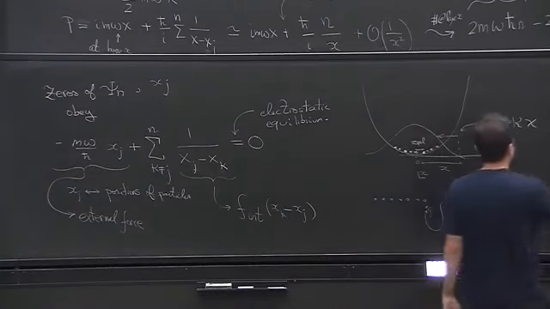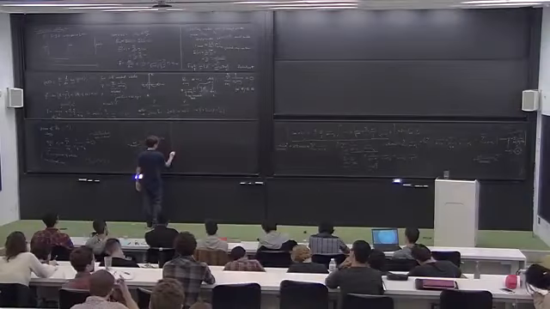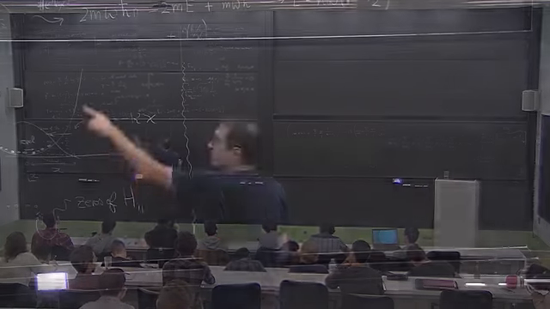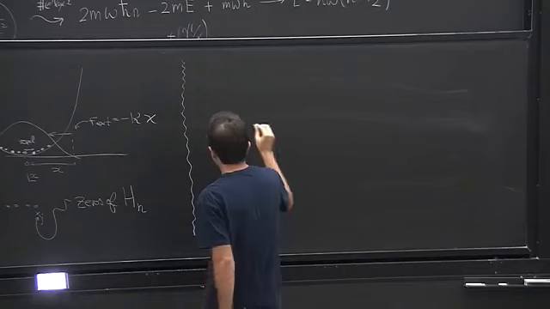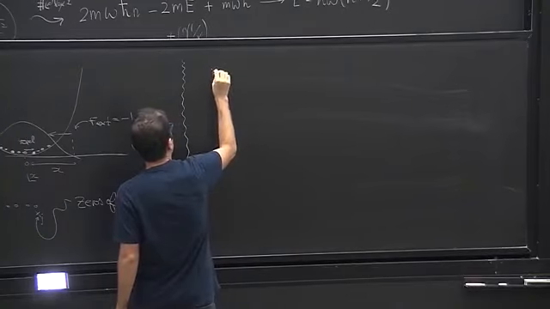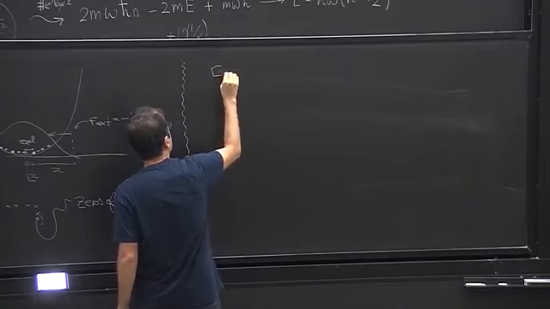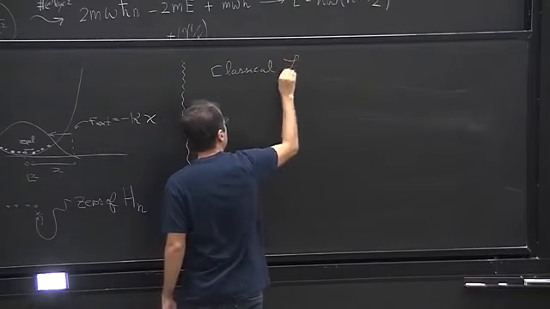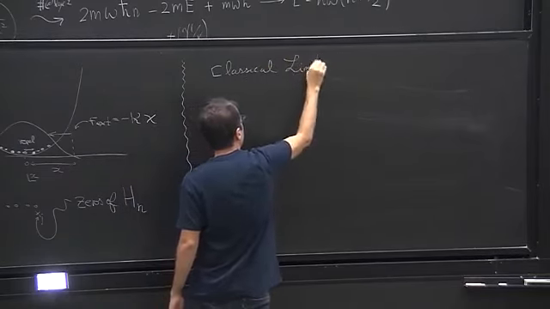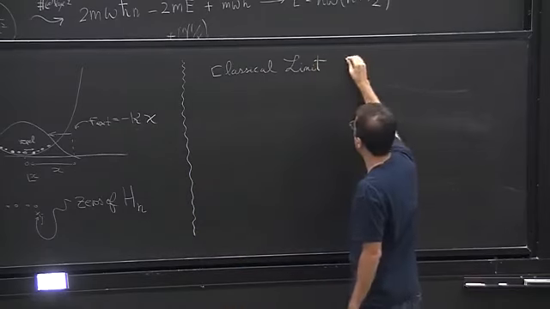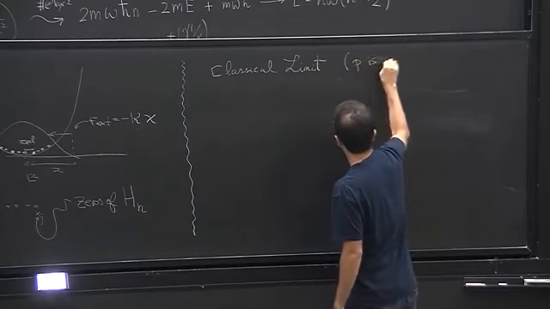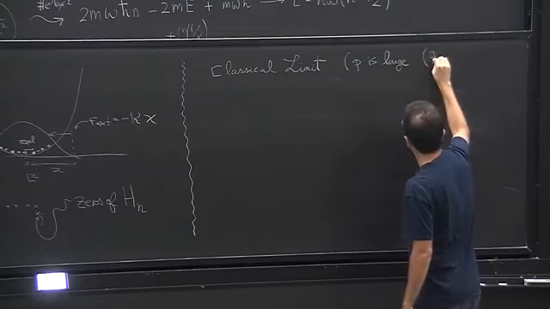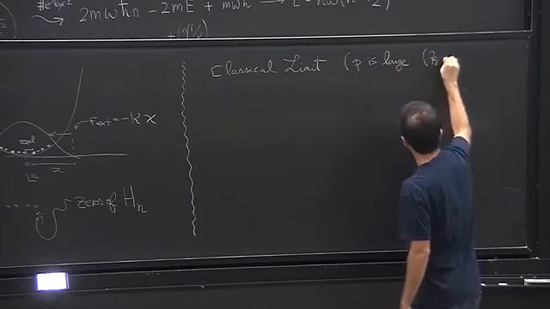Okay. Now, I want to make one more comment, which is we have this Schrödinger equation, and there is a classical limit. And the classical limit is one where P is large. In other words, H bar goes to 0.